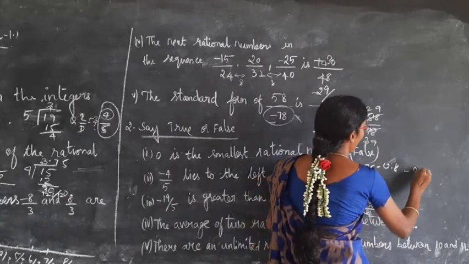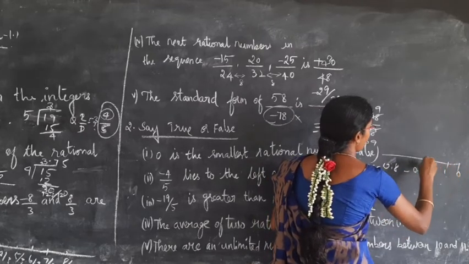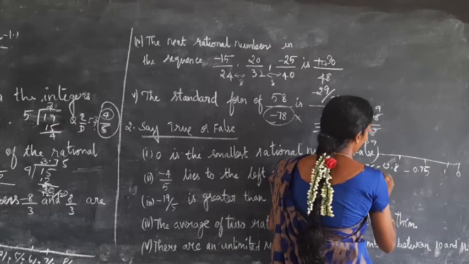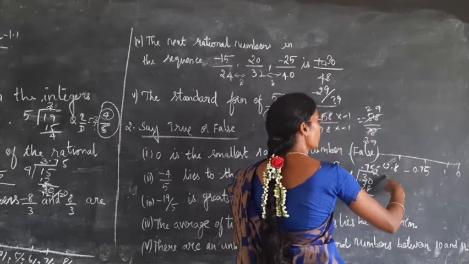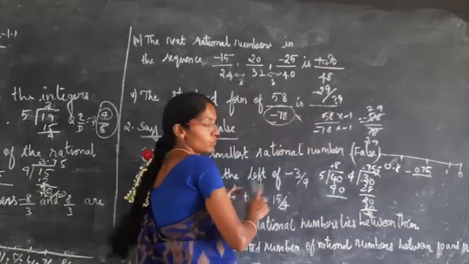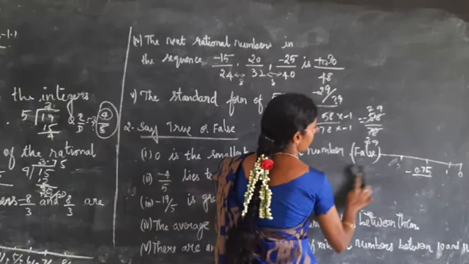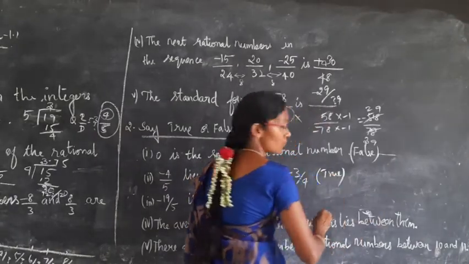So minus 0.75. So you can see in the number line, minus 0.8 lies left to minus 0.75. So the statement is true. Okay. So the statement is true.